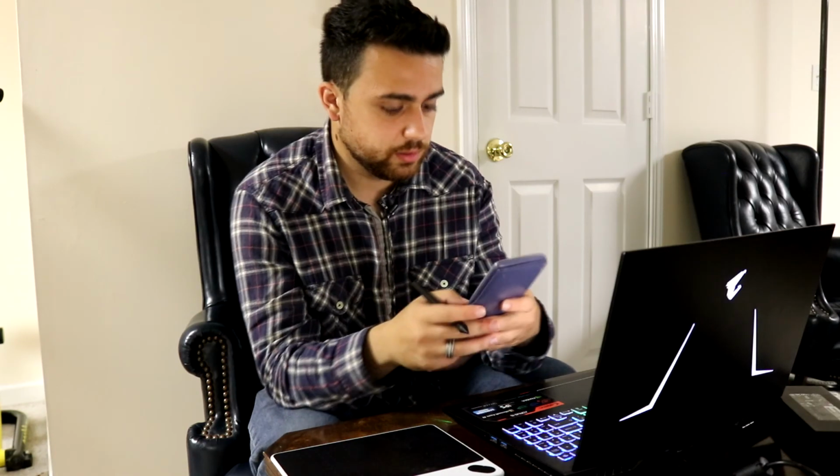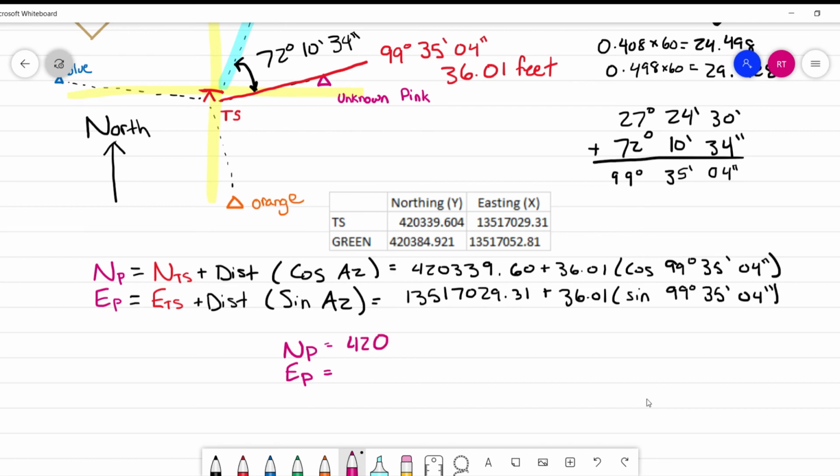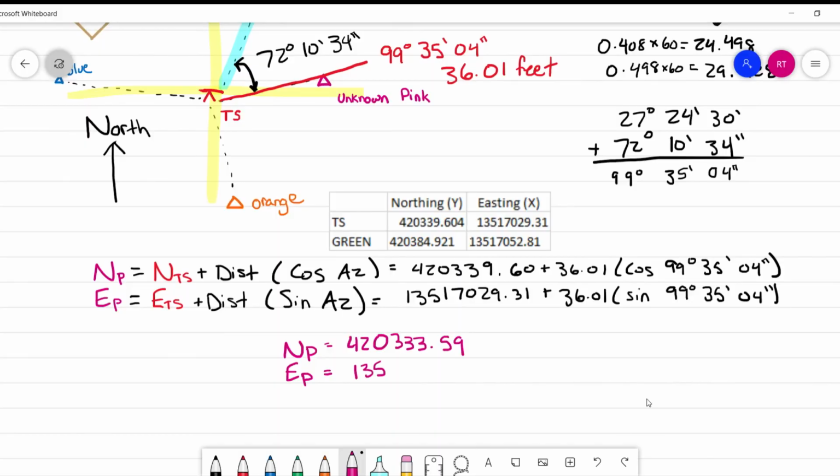Plug it into our calculator. 420,339.60 plus 36.01 times the cosine of 99 degrees 35 minutes 04 seconds gives us 420,333.59, and then the easting, 1,351,7029.31 plus 36.01 times the sine of 99 degrees 35 minutes and 04 seconds gives us 1,351,7064.82.